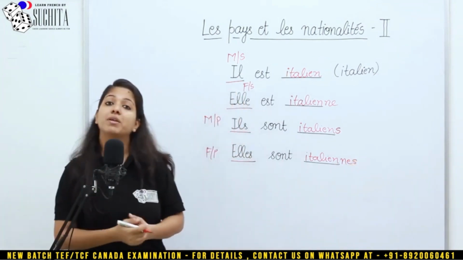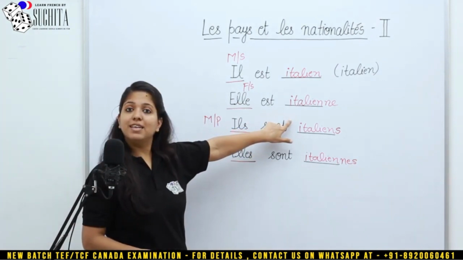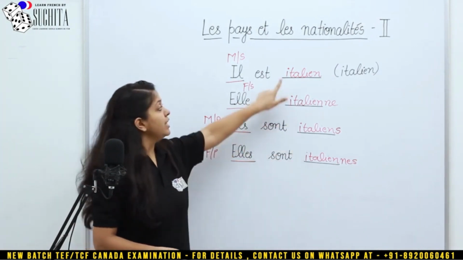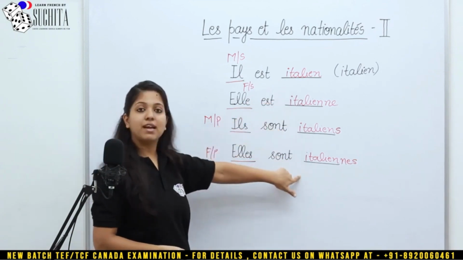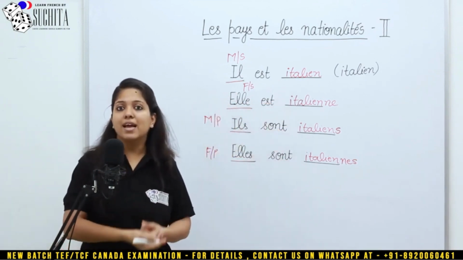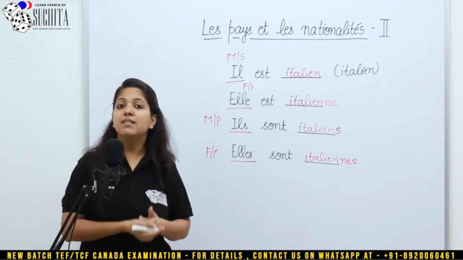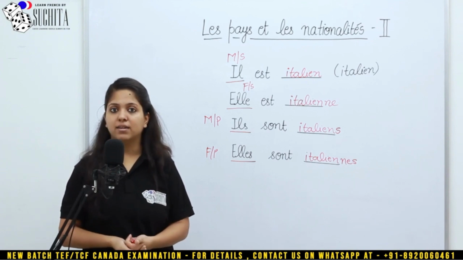But the pronunciation of feminine singular and feminine plural will remain the same. So even this is Italian and even this is Italian. Italien, Italienne. Il est italien, elle est italienne, ils sont italiens, et voilà, elles sont italiennes.